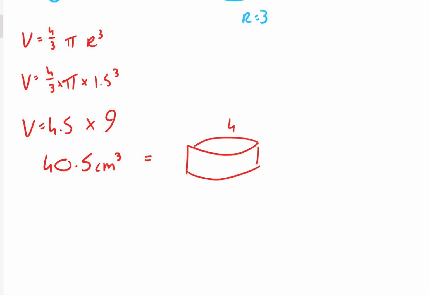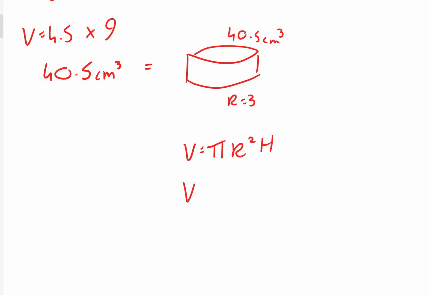So we can say the volume of this is 40.5 centimeters cubed. I know the radius is 3. I want to find the height. So I get the volume of a cylinder problem. So volume equals pi r squared h. Fill in what I know. Volume equals, I do know the volume.